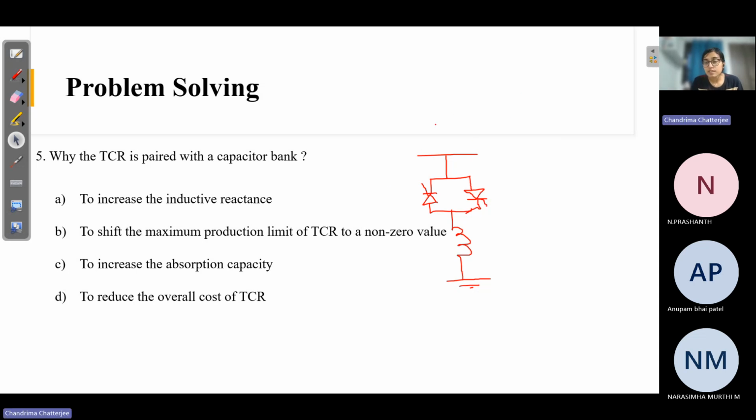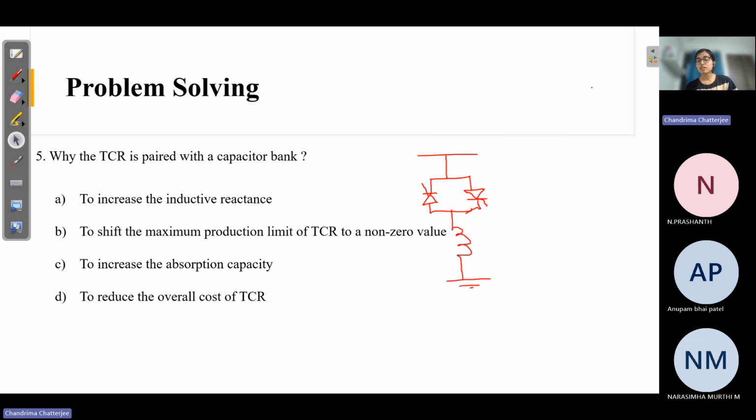Now this inductor can absorb reactive power, right? So this is useful in light load condition, when the reactive power needs to be absorbed. But at rated load condition, or when the load is near rated, there is under voltage.